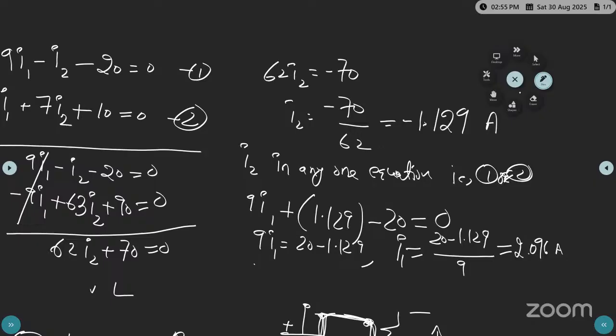In the scientific calculator, we have to enter the 2 equations. We will get the I1 value and I2 value in the scientific calculator. Do you know that method? For verification purposes, you can use the scientific calculator. You have to enter the first equation, enter the second equation, and you will get the I1 value and I2 value. Okay.